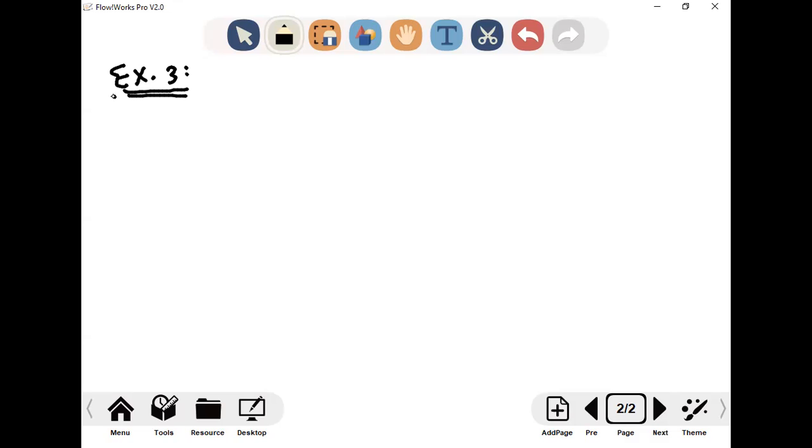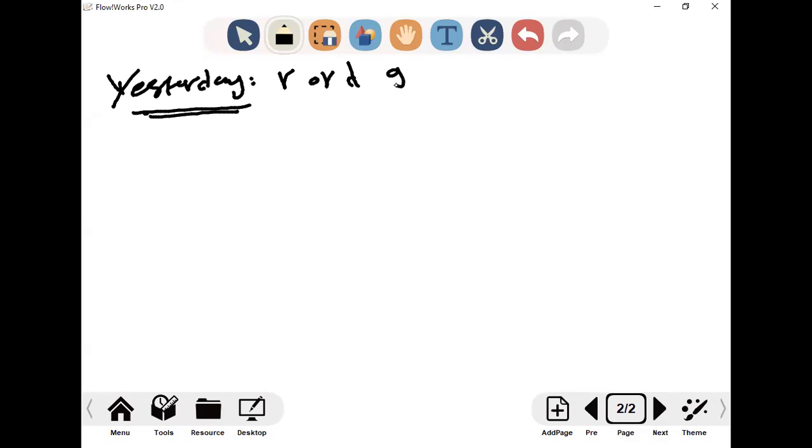And yesterday, don't be confused. Yesterday, the radius or the diameter was given, right? And it wanted the circumference.